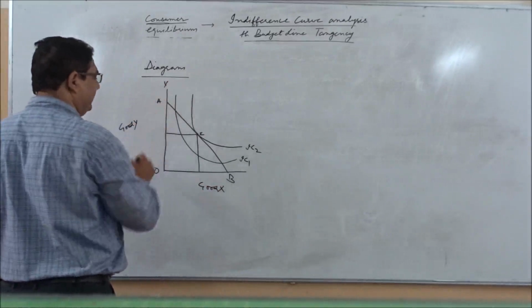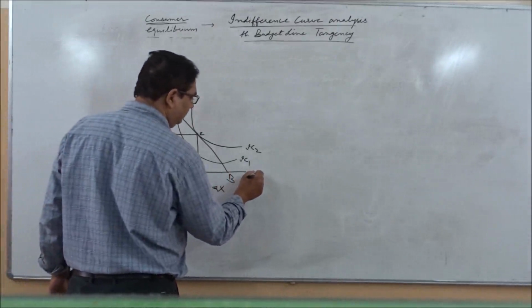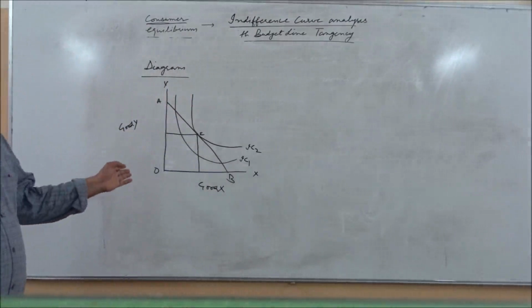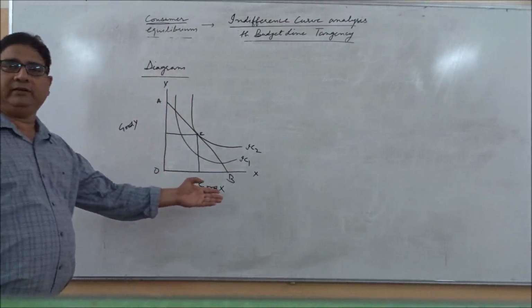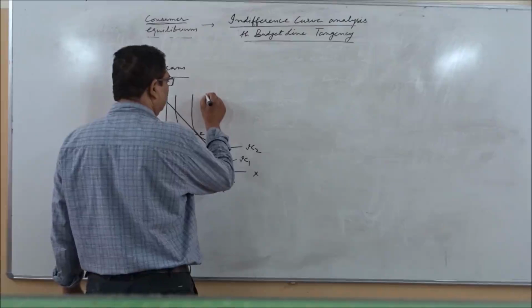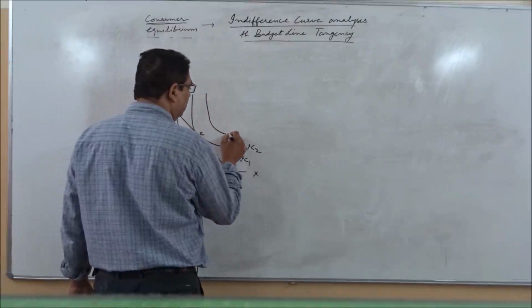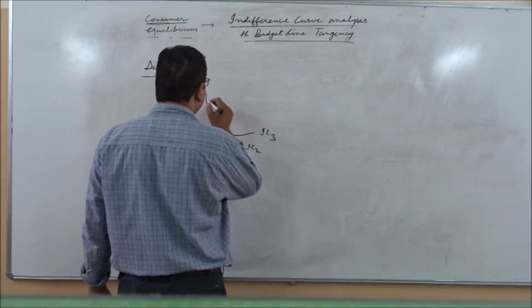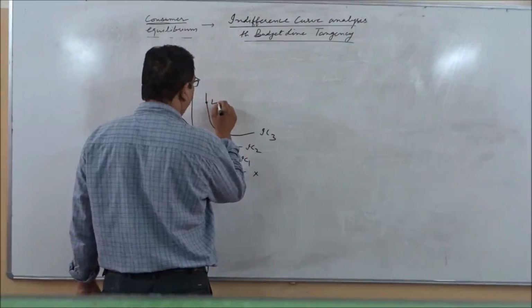On the OY axis we have taken good Y, and on the OX axis we have taken good X. The third line is above IC2.